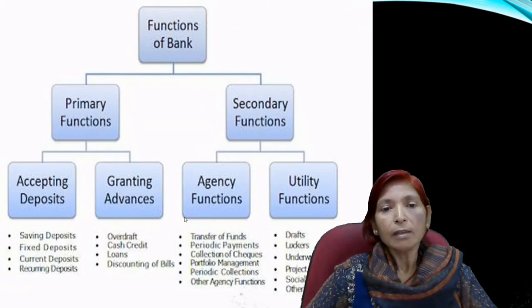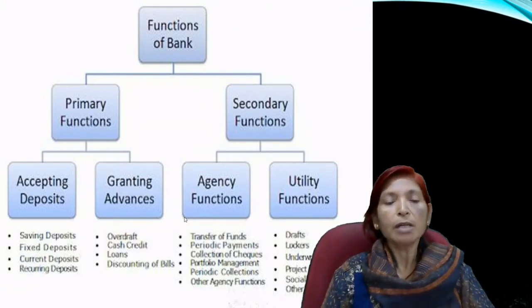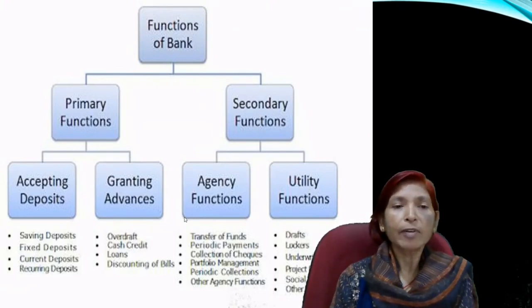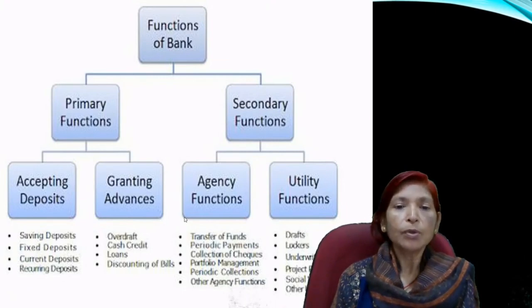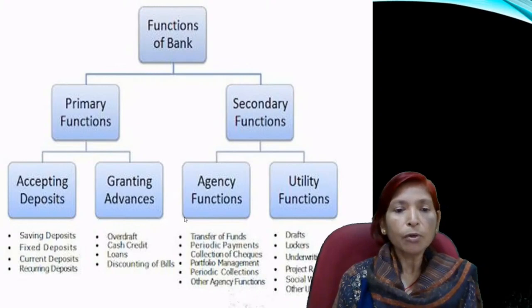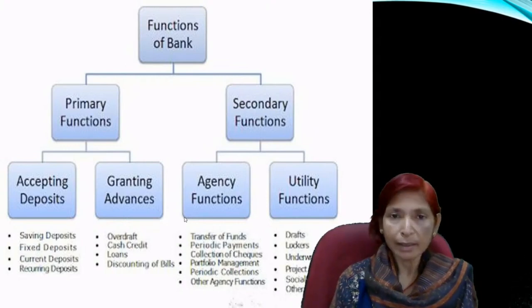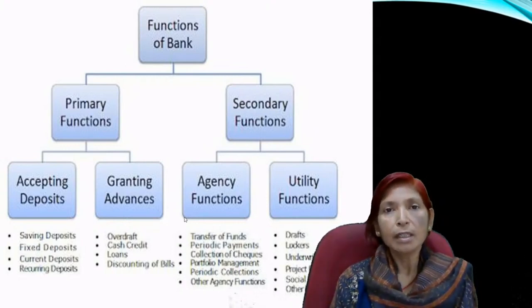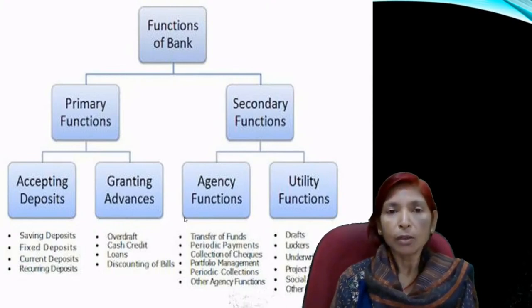So these are the functions of commercial banks, and these functions are classified into two main parts, primary and secondary. In primary, two main functions are included: one is accepting deposits, the other is providing loans and advance facilities. And in secondary functions, utility function and agency function both are included.